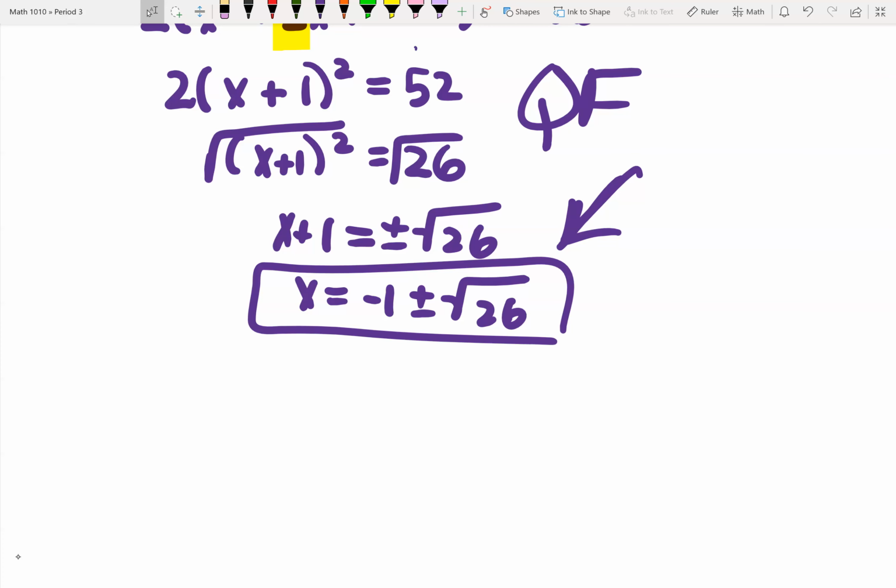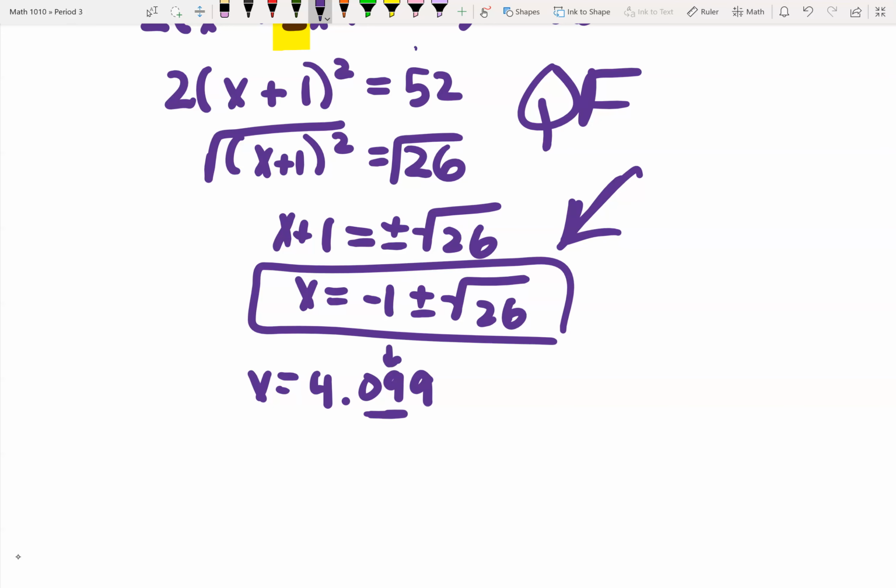Okay. Ready? Everybody go negative 1 plus the square root of 26. Close it, enter, and you get x equals 4 point. What did they want you to round to? 2? Okay. So that's kind of confusing. Look at that, 099. So that tells you to go up.